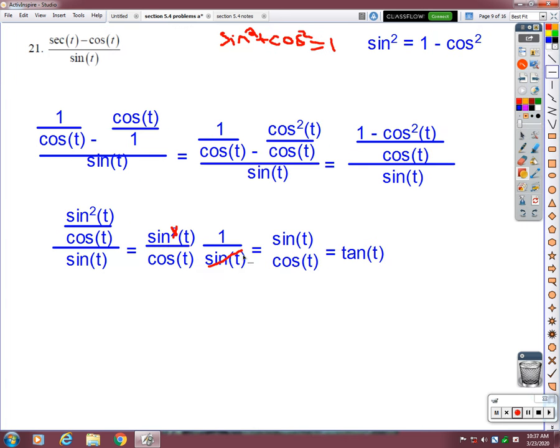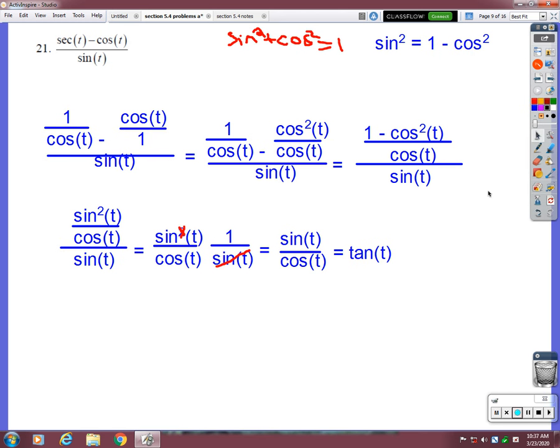So we took that crazy fraction from the very beginning and simplified it all the way down to just equal tangent. Good stuff.